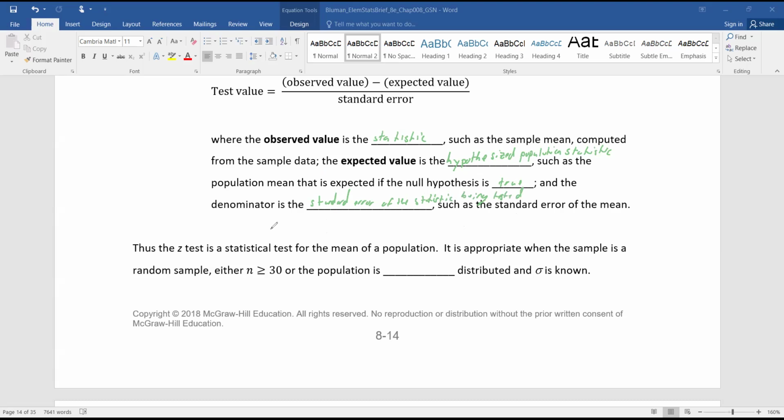Thus, the z-test is the statistical test for the mean of a population. It is appropriate when the sample is a random sample, and either the sample size is greater than or equal to 30 or the population is normally distributed, and the population standard deviation is known. Here's a better equation.